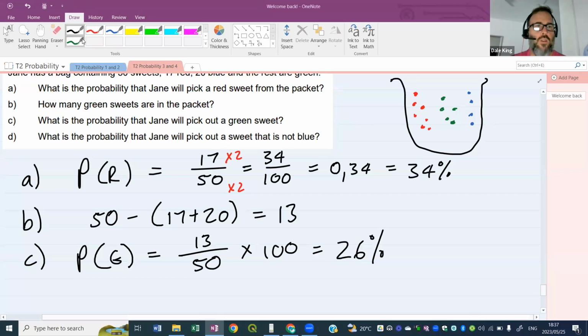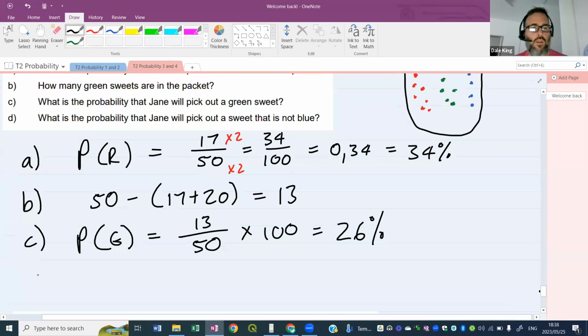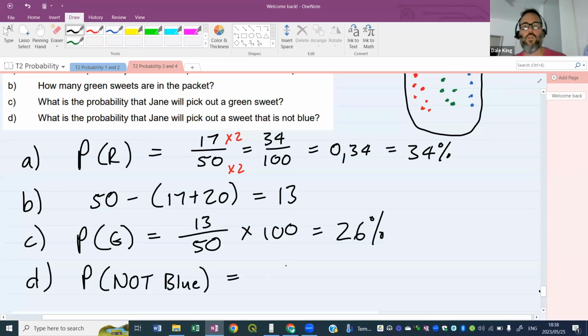All right, let's carry on with the probability. We got one more question here. What is the probability that Jane will pick out a sweet that is not blue? Oh, a brave soul to help me with this one. The probability of not blue. Who would like to try?